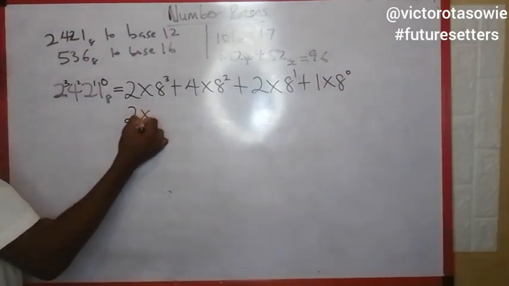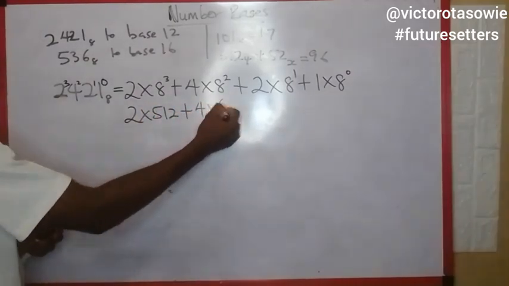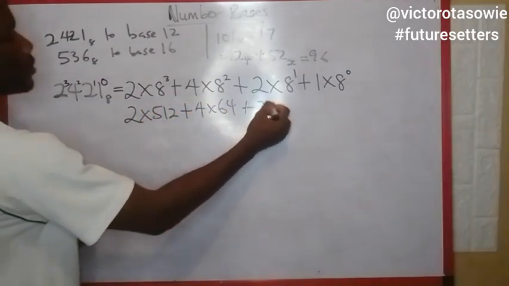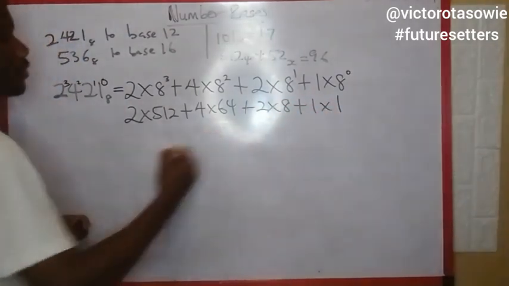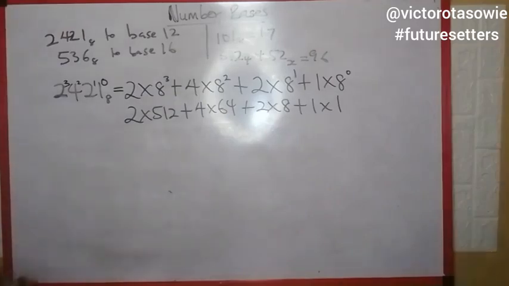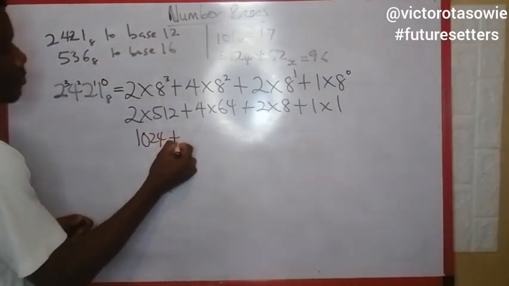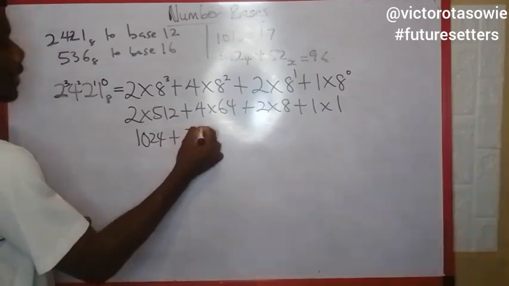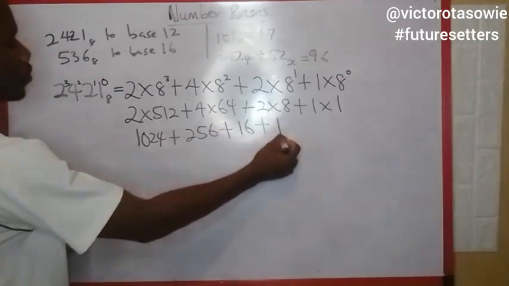So this will give us 2 times 512 plus 4 times 64 plus 2 times 8 plus 1 times 1, because any number raised to the power of 0 is 1. So now this will give us 1024 plus 256 plus 16 plus 1.